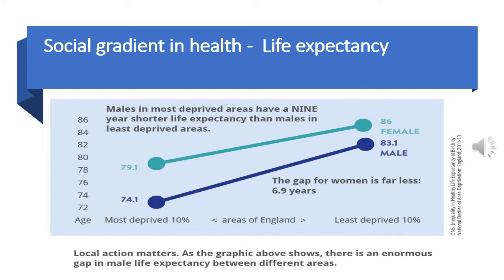Looking at the y-axis, which reflects age, and the x-axis, which represents deprivation status, from most poor at the left end to least poor at the right end, you have the green line representing women's age at death and the blue line men's age at death. Basically, we can see that both males and females from deprived communities have a shorter lifespan compared to their counterparts.